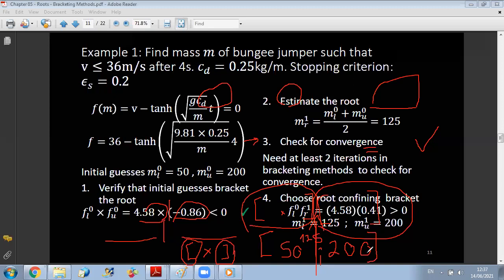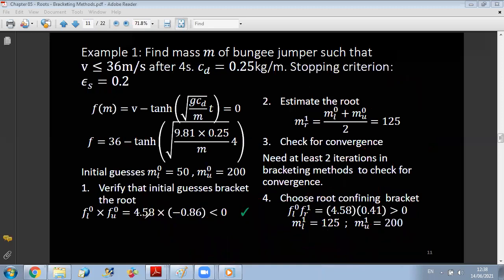To know this, you should find f at each point. You already calculated this: f at the lower end, which is f at 50, is positive, while f at 200 is negative. Now to check what is the new interval I should take, I should calculate what is f at 125. f at 125 is positive, it's equal to 0.41.